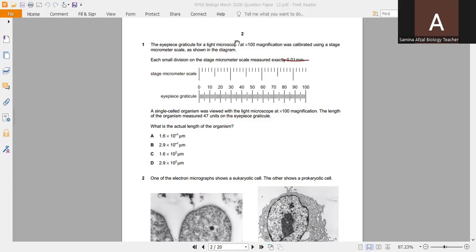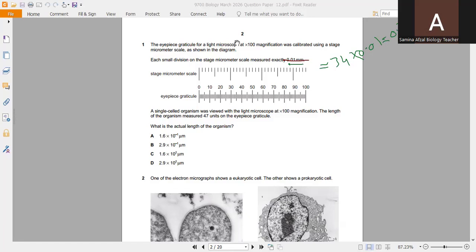Stage micrometer units 1, 2, 3, 4, 5 are equal to 34, and they are equal to 100. So 100 eyepiece reticule units are equal to 34, which we multiply by 0.01 millimeter, so it will become 0.34.